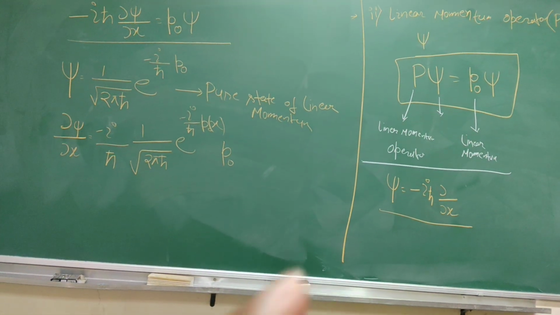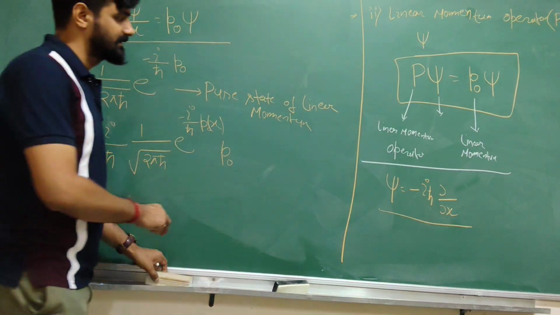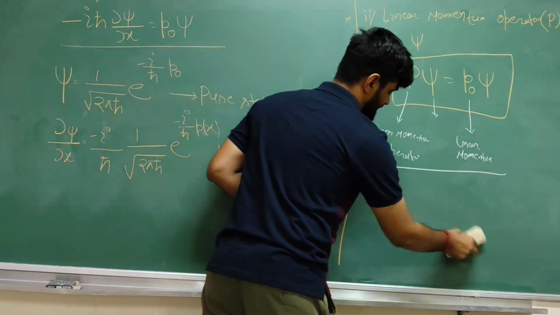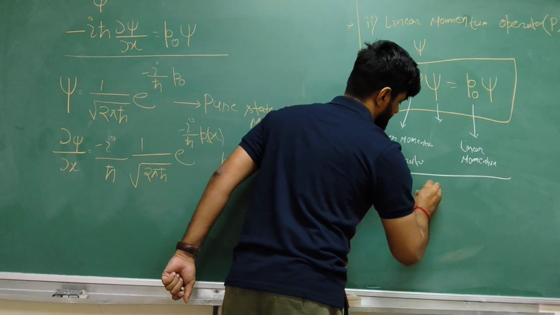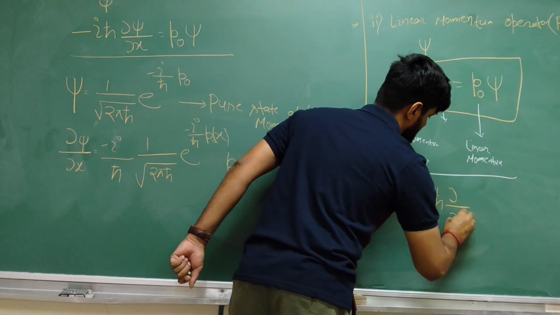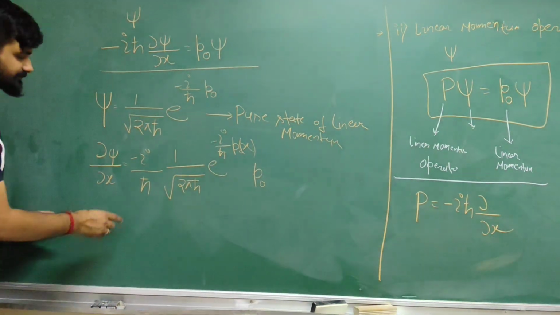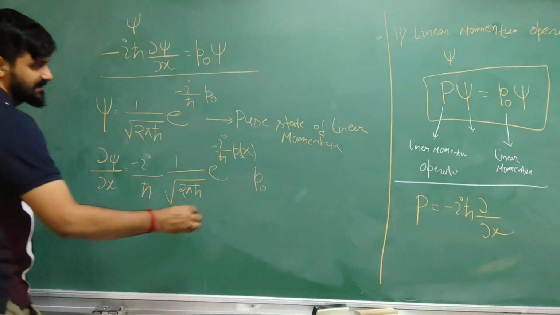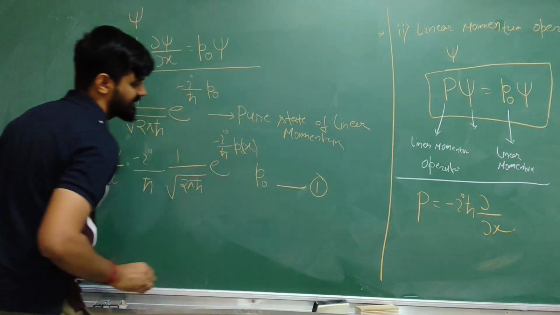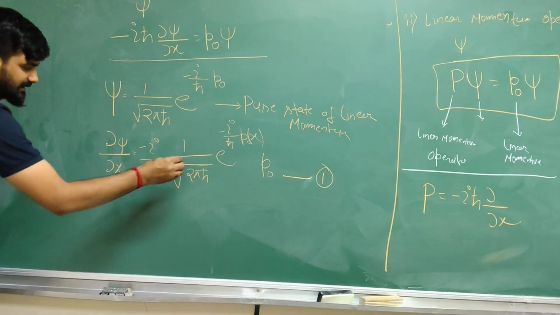One note, this is not psi. Sorry, this is your p operator. Now, once you get this, let's try to multiply this equation, let's say this is equation 1, by i into ħ on both sides.